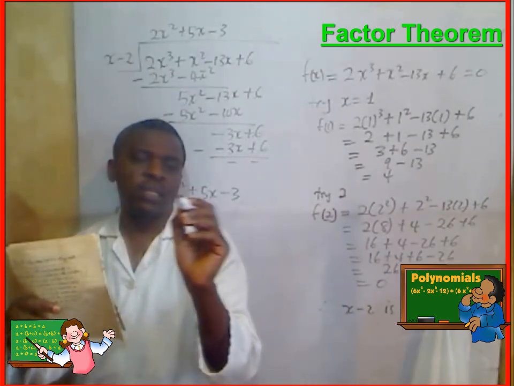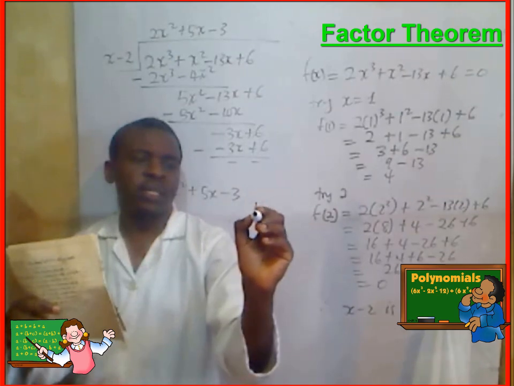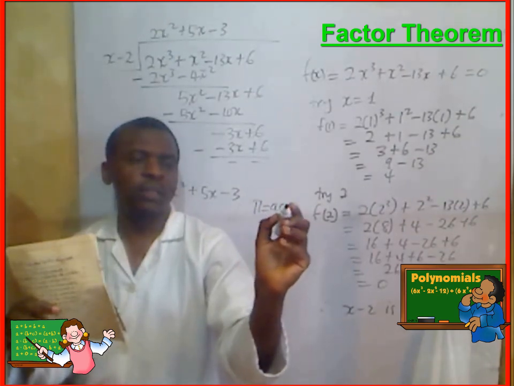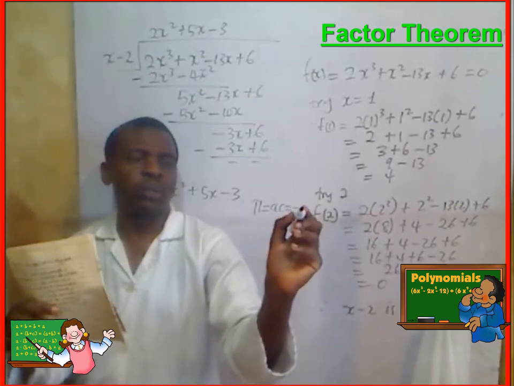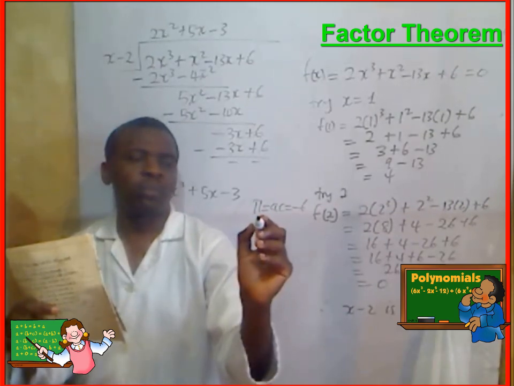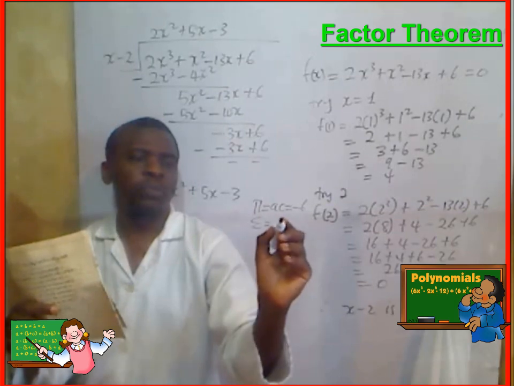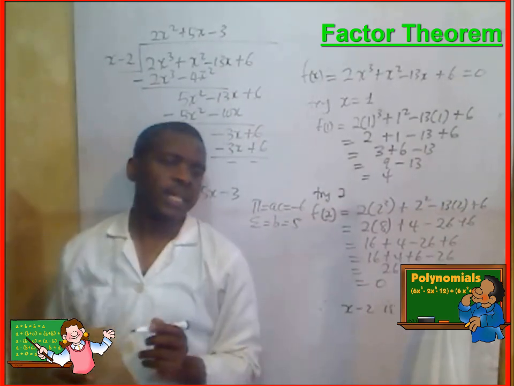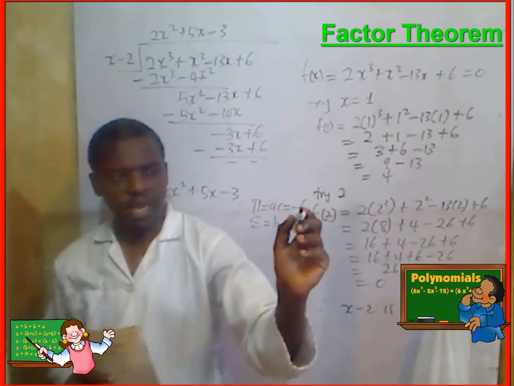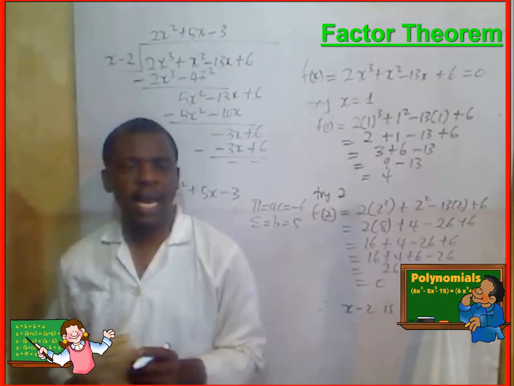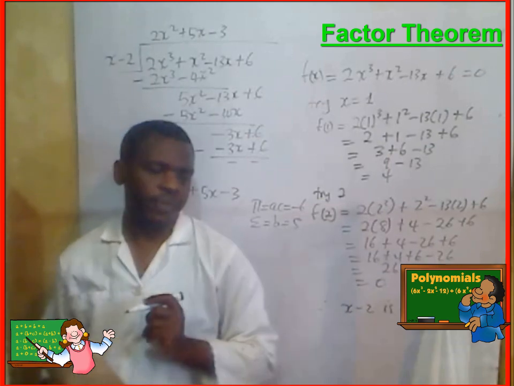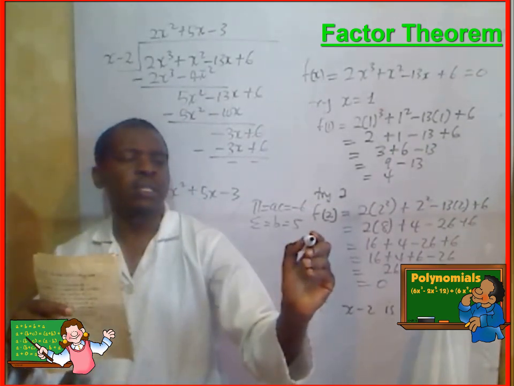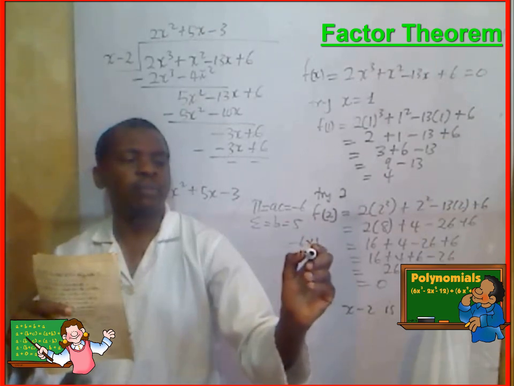Two numbers whose product is equal to a times c, which is equal to minus 6, and whose sum should be 5. So two numbers that when multiplied give us minus 6, and when added give us 5. What are those two numbers? So I could have minus 6 times 1 or 1 times minus 6.